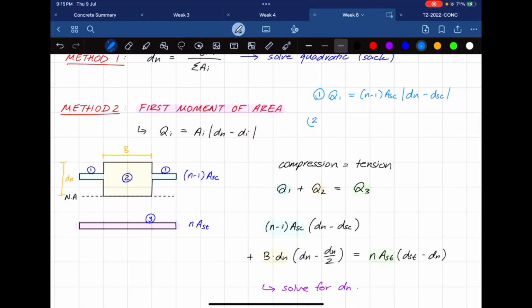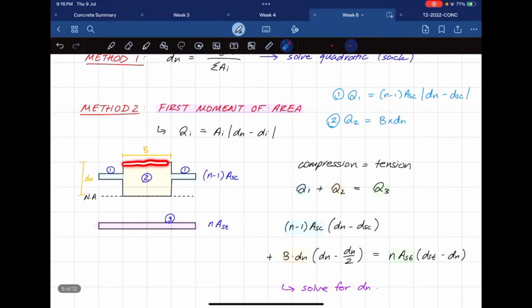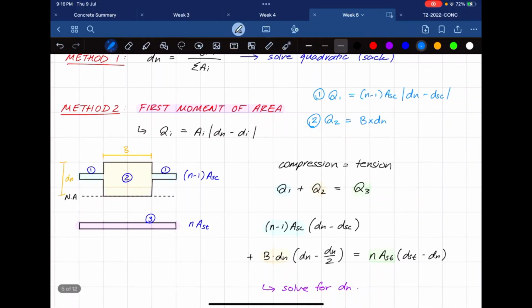Cool. Same thing with part 2. You do Q2 is equal to the area of that block, which is B times dn. So B times dn multiplied by dn minus, so dn always stays constant, di in this case is going to be halfway through our depth, which is dn on 2.